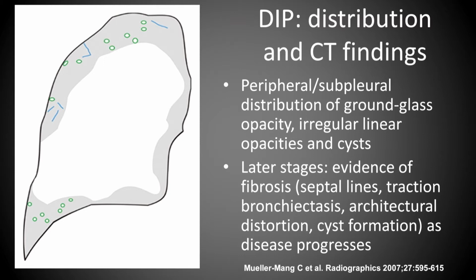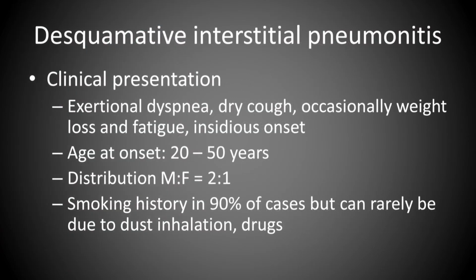You may see some cysts within this, but it's strikingly peripheral and subpleural. When it's not, sometimes I'll still consider the diagnosis, but I'm not as confident. In later stages, this is going to go on to be more of a fibrotic process. We'll see septal lines, traction bronchiectasis, architectural distortion, and cyst formation as the disease progresses.